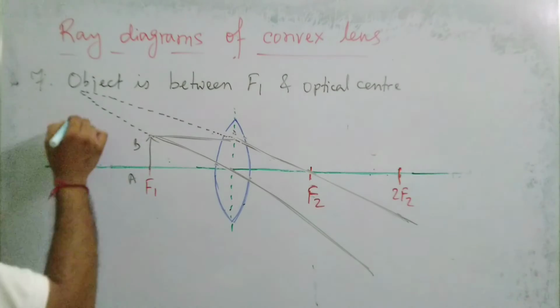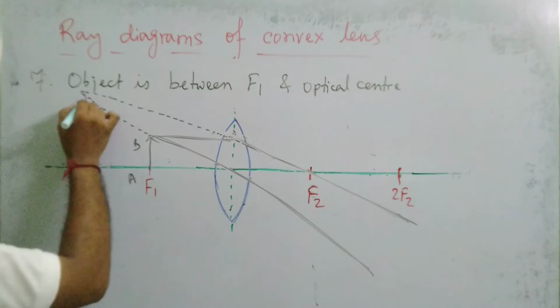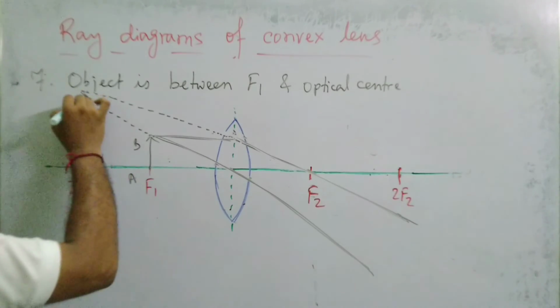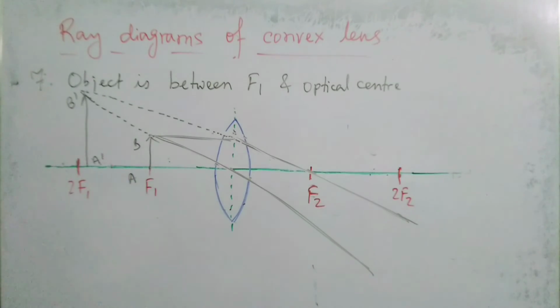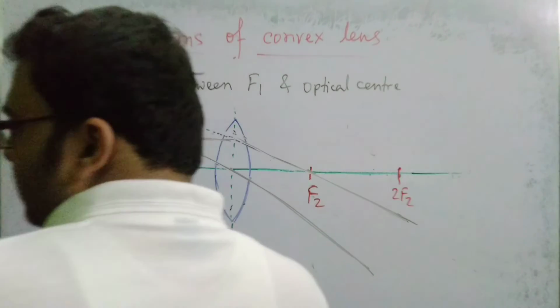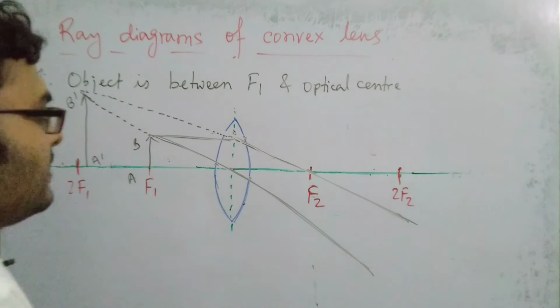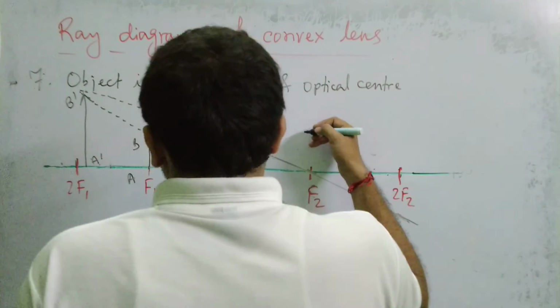Then these two rays will meet at a certain point, and here what happens? The object will form a virtual image. Okay, so this is the case where a convex lens forms a virtual image.